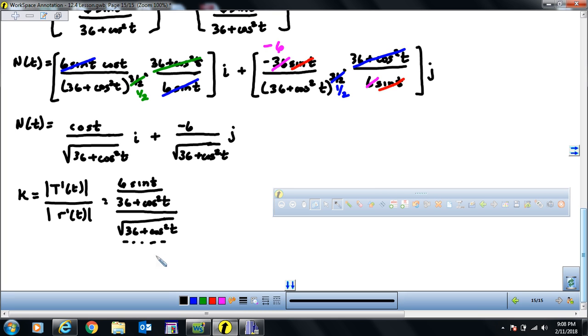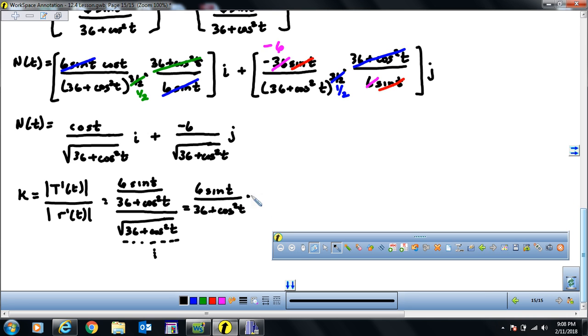So when I divide a fraction by a fraction, I multiply by the reciprocal. So that would be 6 sine of t over 36 plus cosine square of t times 1 over the square root of 36 plus cosine square of t.